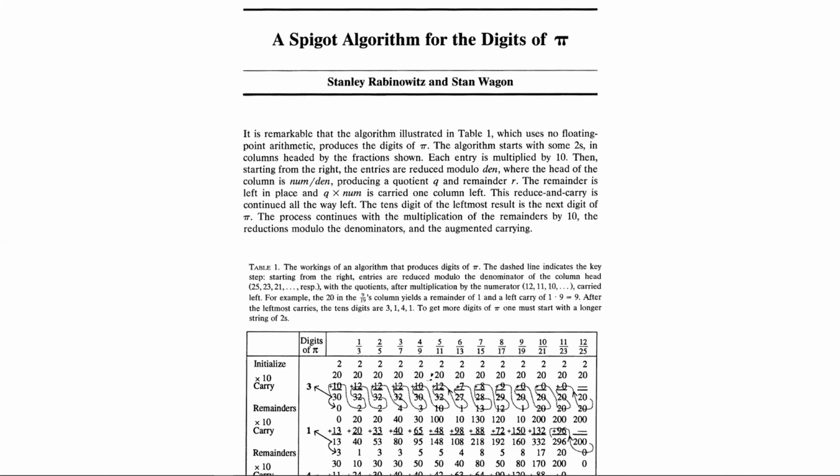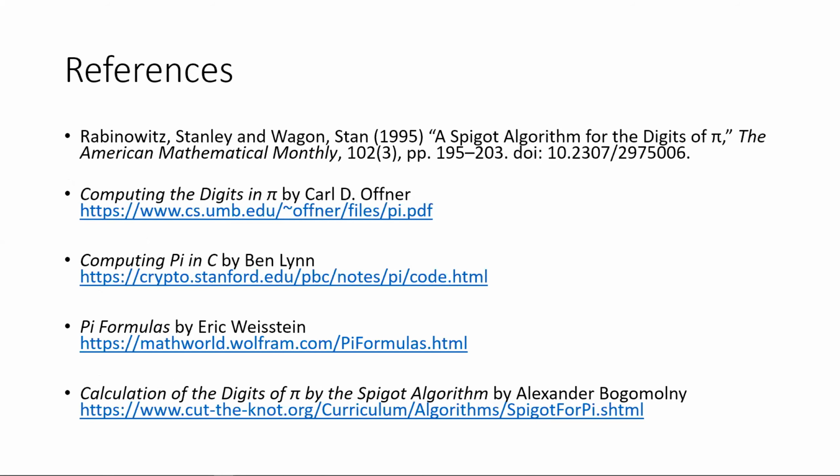So I found this paper which describes how to generate the digits of pi one at a time. The paper is the first reference here, and there were several other sources that led me back to the paper.